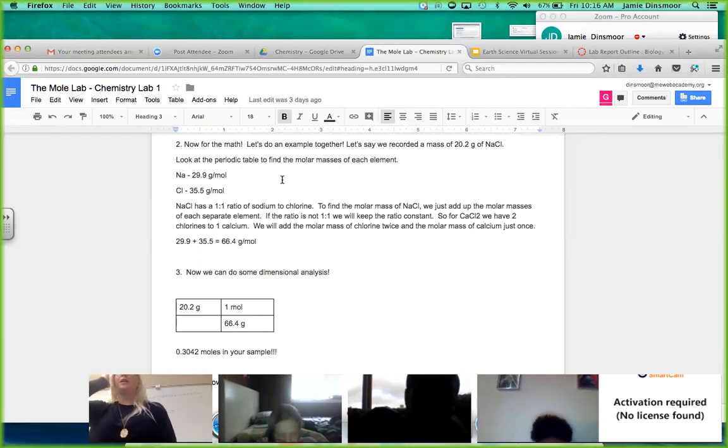And we're pretending that we recorded a mass for our sodium chloride of 20.2 grams. All we did was pour the sodium chloride on a little paper towel, put it on the triple beam balance, and measure it. Now we're going to solve for moles and atoms.